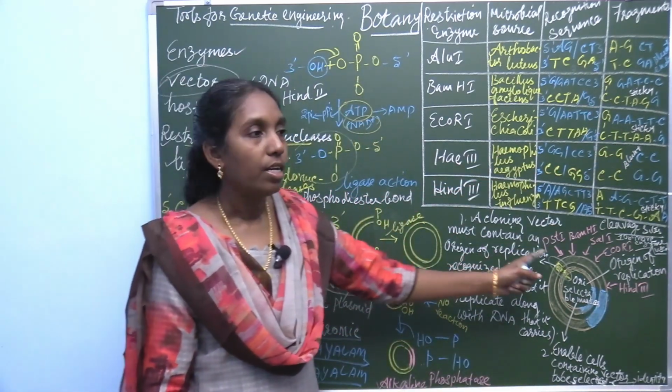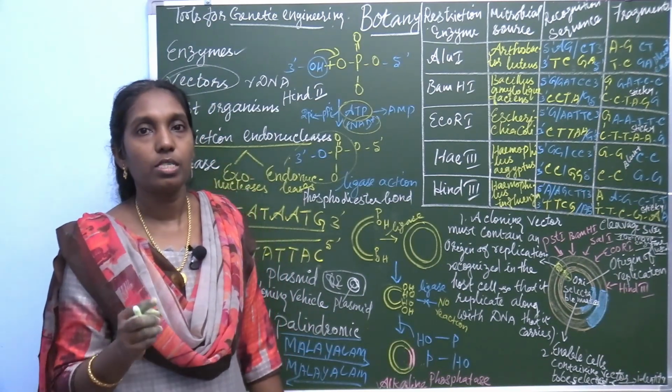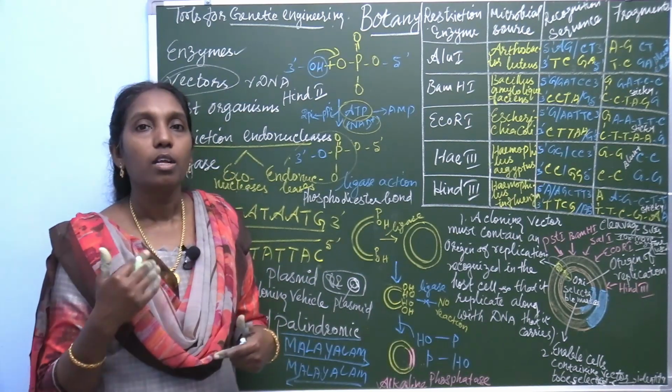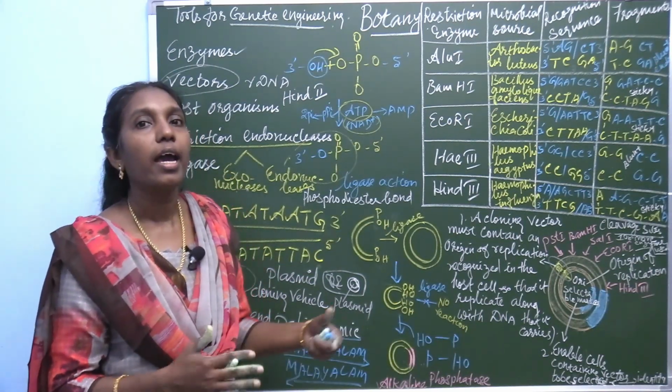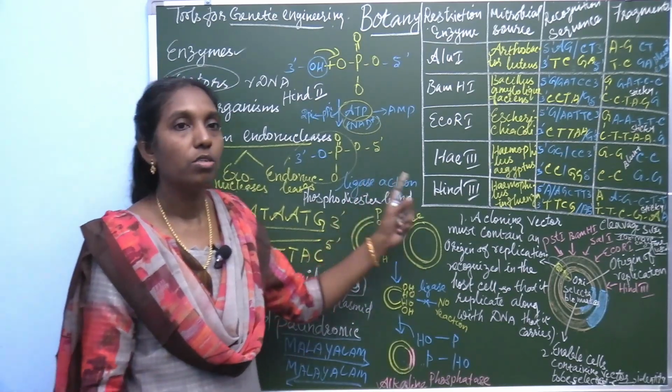Then finally you learned the vectors. The first question under vectors is what are vectors, or define vectors. Then what are the properties of vectors and what are the features of vectors. That is what you learned today.